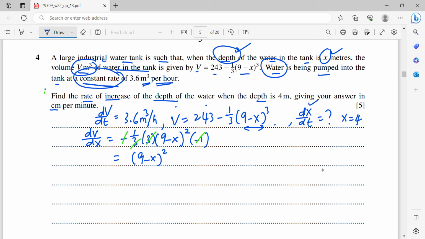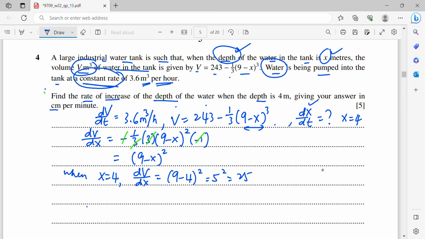From here, you can calculate the value when x equals 4. When x equals 4, dV/dx is (9 minus 4) squared, which is 5 squared, and I will get 25.